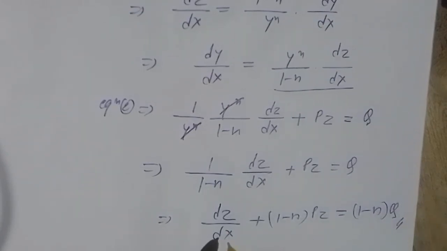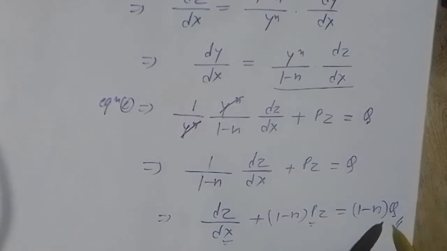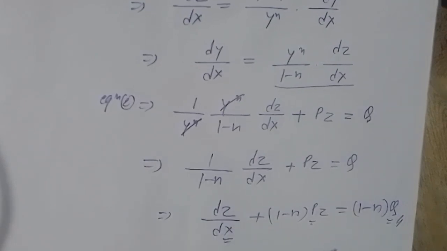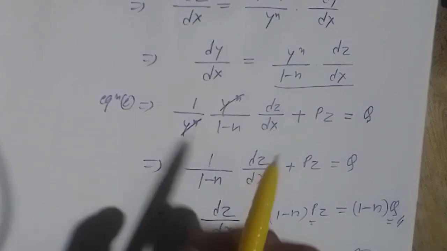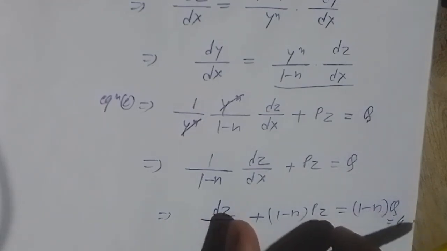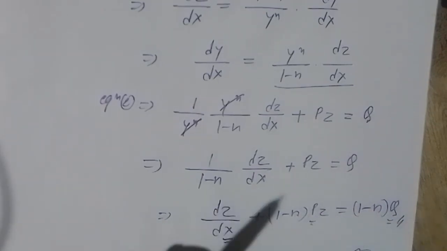And this is the form of a linear differential equation where p and q are either constants or functions of the independent variable x only. So we know that from the linear differential equation. Now we have got the whole linear differential equation of the Bernoulli equation.